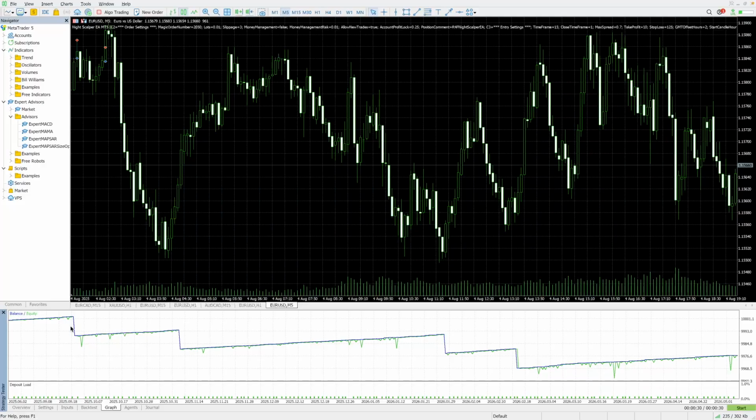We have one here. I think this drop you can see is one of those times where we hit the stop loss. Here is another one, and another one here, and another one here. We also have some spikes.